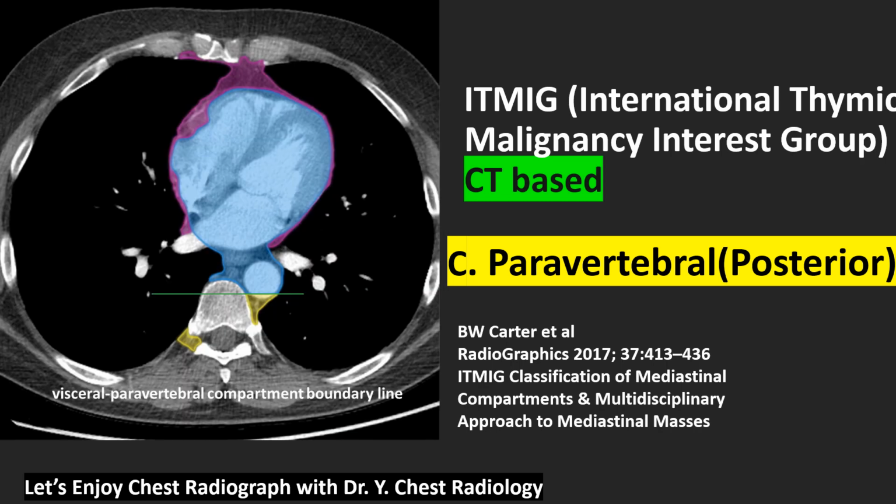In this actual CT, the paravertebral compartment extends from 1 centimeter behind the anterior portion of the vertebral body to the distal area of the spine. This yellow-colored zone is the paravertebral compartment, previously known as the posterior mediastinum.